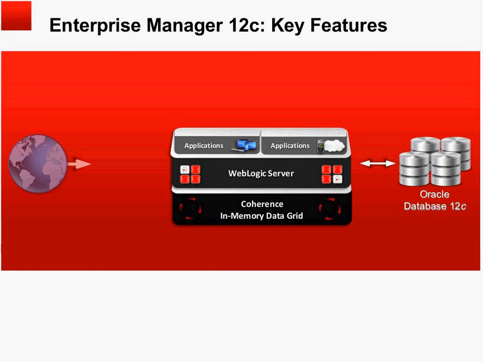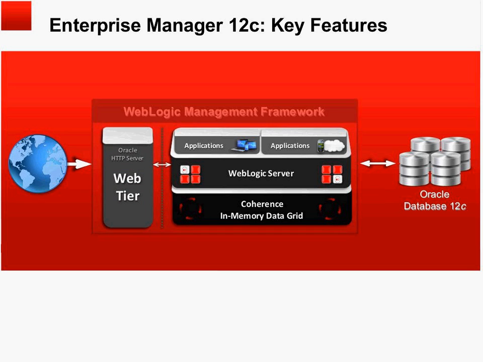Now, as you look at what happened in 12c, it's interesting what we managed to bring together. We introduced this concept called WebLogic Management Framework. It lets you have a single management framework that carries through our web tier, our Oracle HTTP Server, WebLogic Server, and way down to Coherence. I already mentioned the Coherence managed servers.